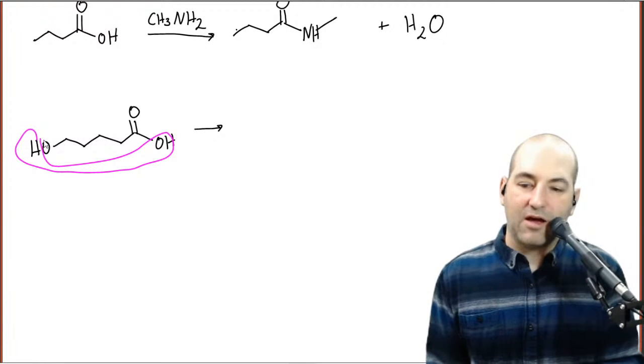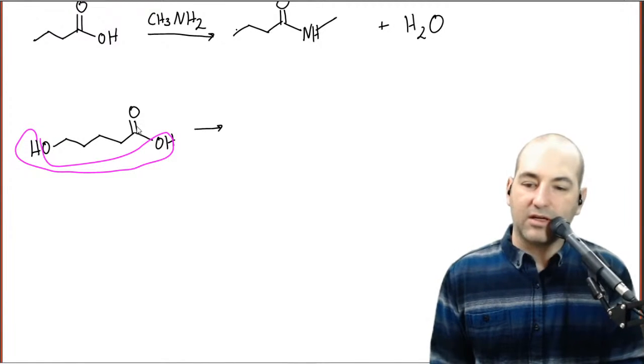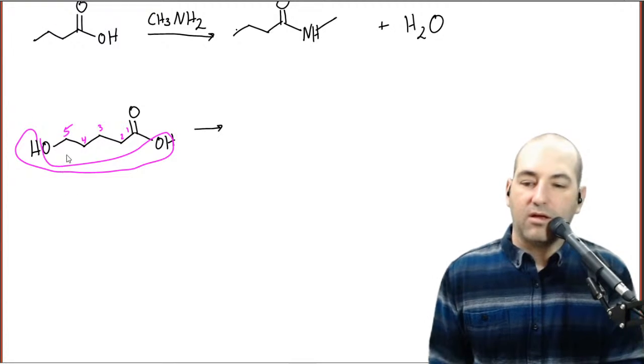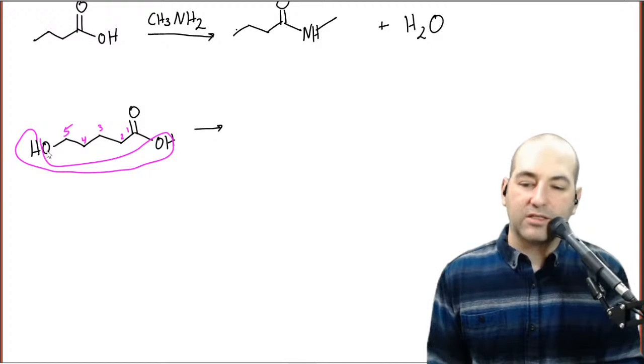What's going to happen is now this oxygen over on the left is going to connect to this carbon over on the right. If we count our carbons here, we've got 1, 2, 3, 4, 5, and then the oxygen would be kind of like the sixth member of that ring.